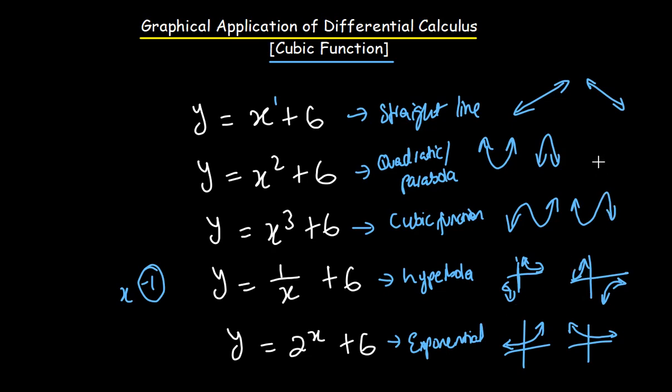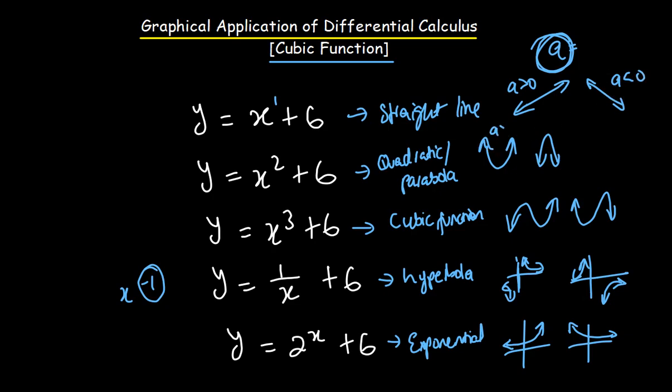Alright, so I need you to know why I have them in two versions. All of these versions here are determined by the value of a. Okay, by the value of a. For example, here if a is positive, this is the graph that you will get. Here if a is negative, this is the graph you will get.